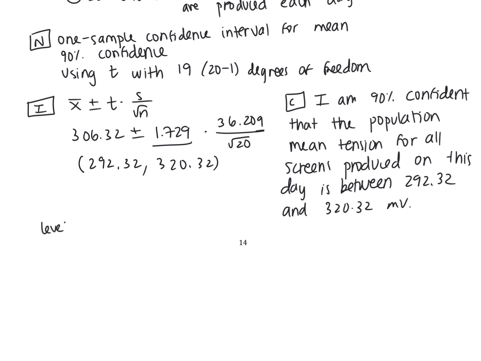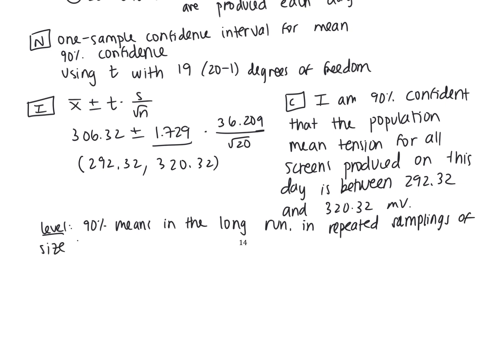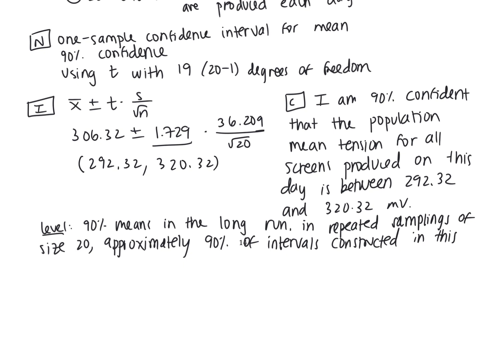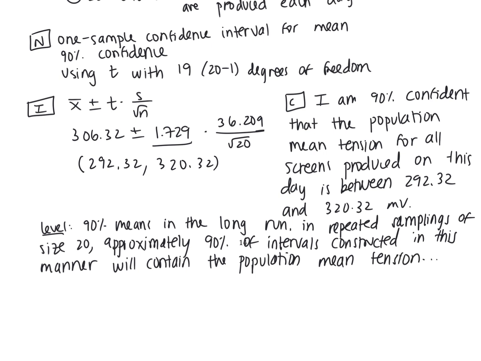Then we have to interpret what that 90% actually means. So 90% means, in the long run, in repeated samplings of size 20, approximately 90% of intervals constructed in this manner will contain the population mean tension of all screens produced on this day.